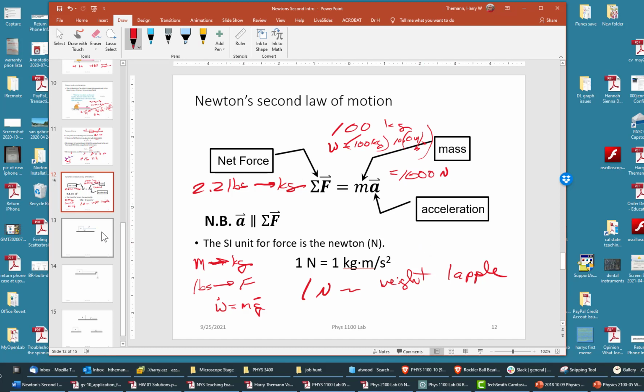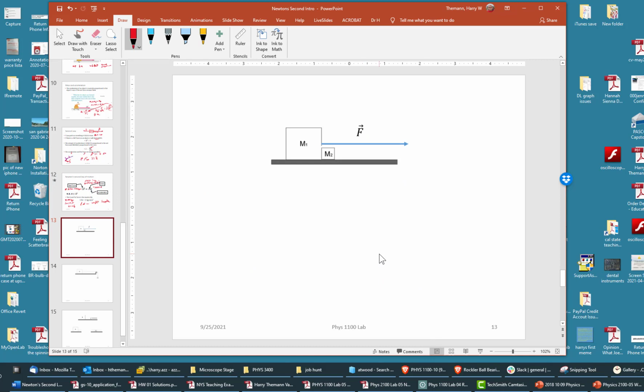Okay, so let's take a look at something here. Let's say we have these two masses stuck together and we're pulling on them. We're going to anticipate the lab. So let's say M2 equals 200 grams, which is then 0.2 kg.